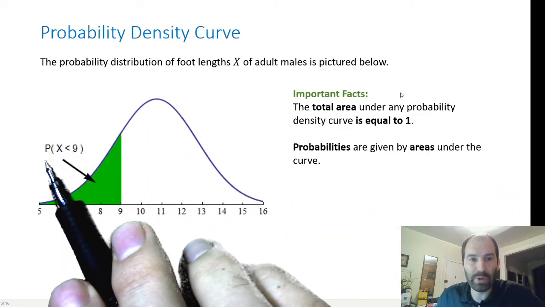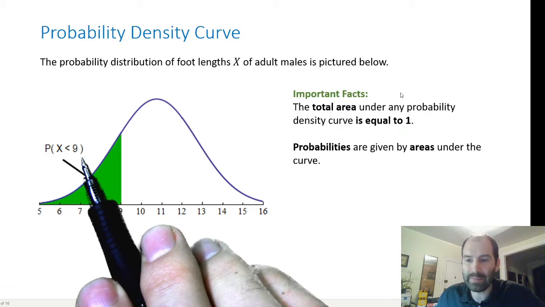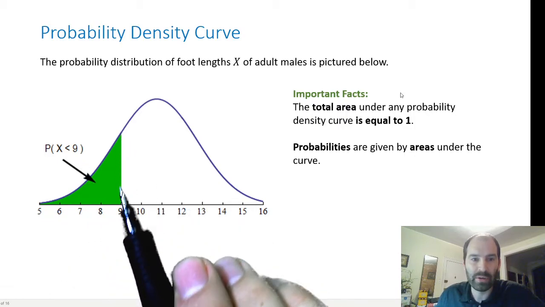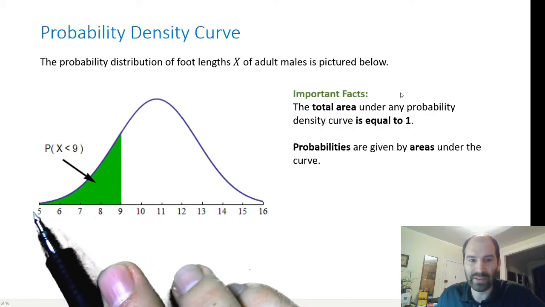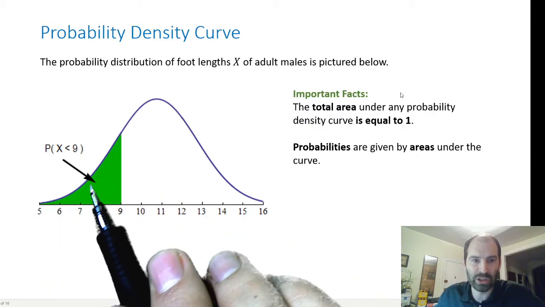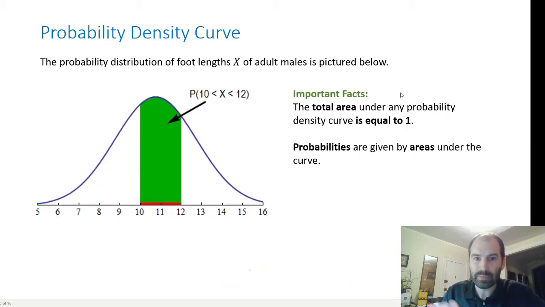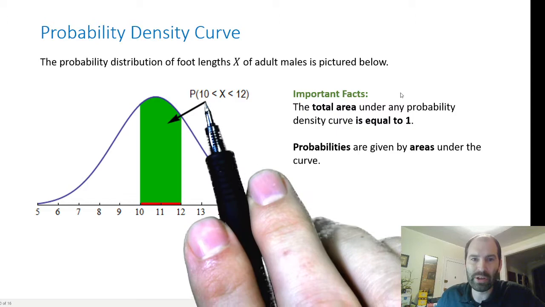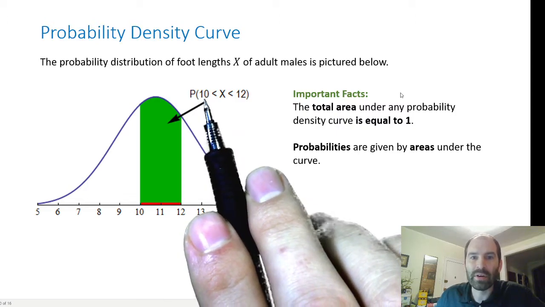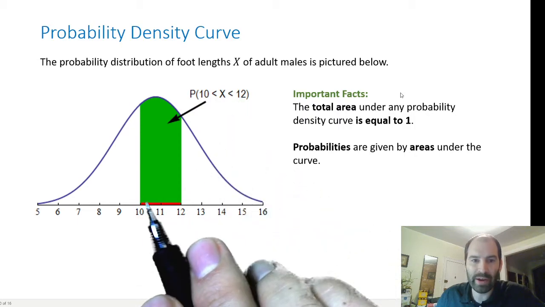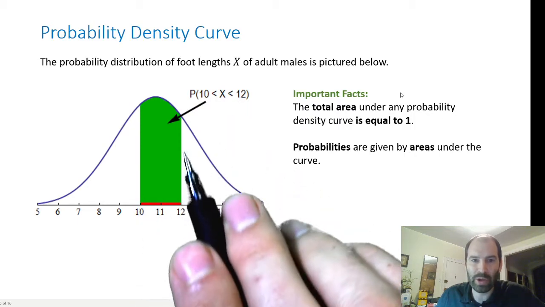So if I want to compute the probability that x is less than 9, I will find the area under this curve for all values less than 9. So this wedge shape here would be the probability. If I wanted to know the probability of a length being between 10 and 12, I'll find the area of this region here between 10 and 12 below the curve.